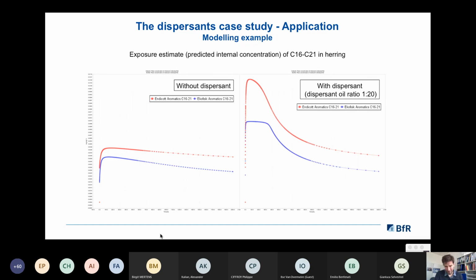Of course, this is the result of a very special case, which was just simulated here, but you can adapt all the parameters for your special case if you are interested in this.